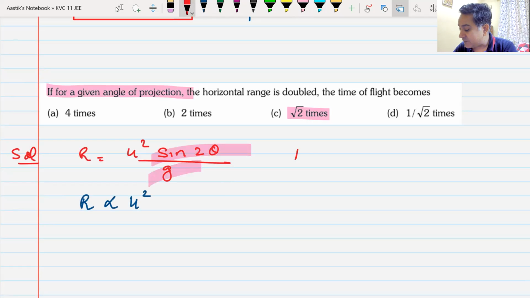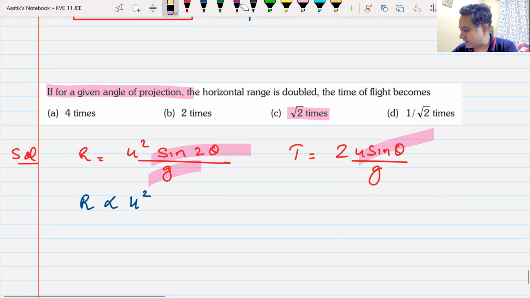If I talk about the time of flight, it is 2u sine theta by g. Angle is the same, so this is the same.